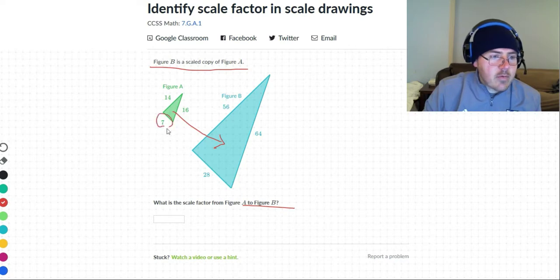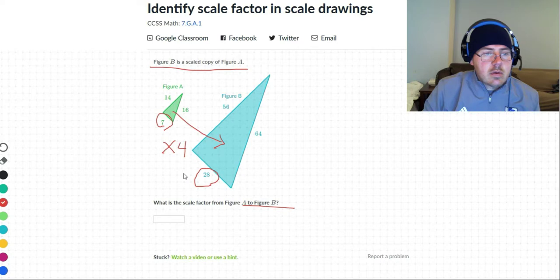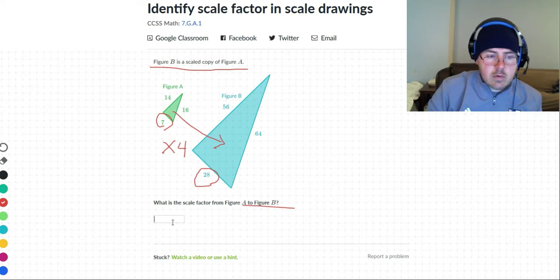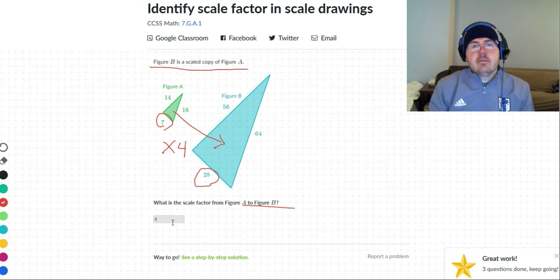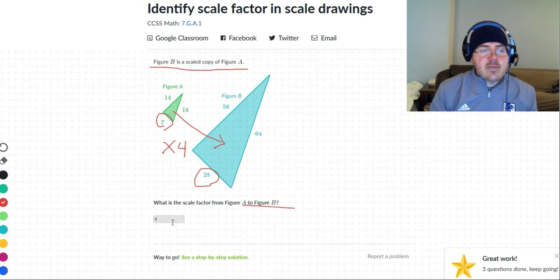If I want to go from 7 to 28, I have to multiply by 4. If I'd been going the other way, I'd be multiplying by 1/4, but I'm going from the small one to the big one, so I would just say 4. That's it. So that's how you identify scale factors in this lesson. Let's try another one.